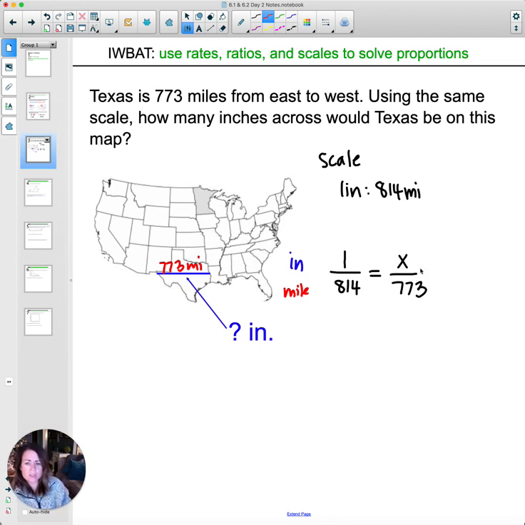And then you can just cross multiply and divide. Since this x is by itself, I'm just going to multiply 773 times 1 and then divide by 814. So you end up with x equals 0.95 inches. So almost an inch, but not quite.